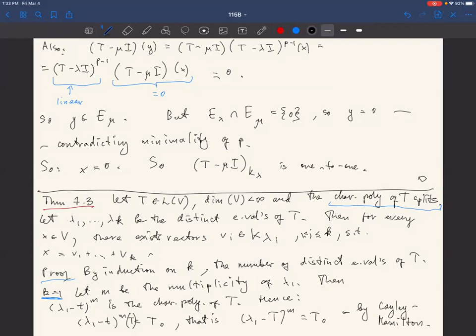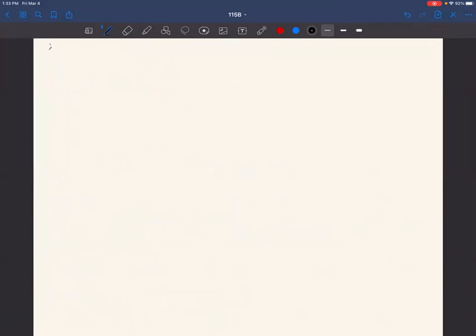Let me switch to a new page here, and let me copy this. So we have (lambda 1 I minus T) to the power m is equal to 0, the zero operator. Then it follows that V is equal to K lambda 1.